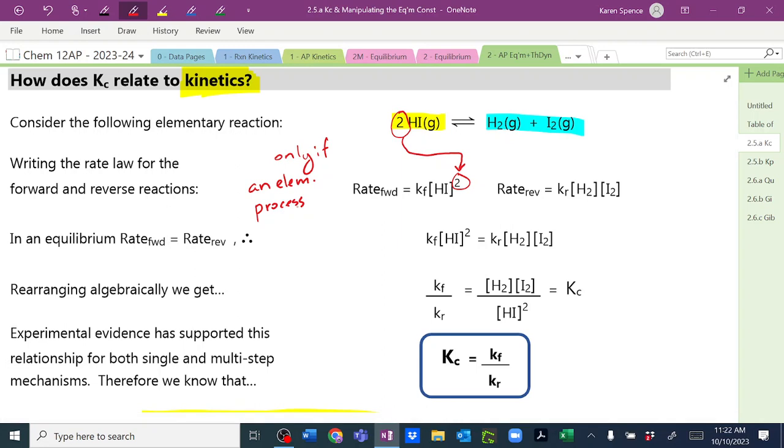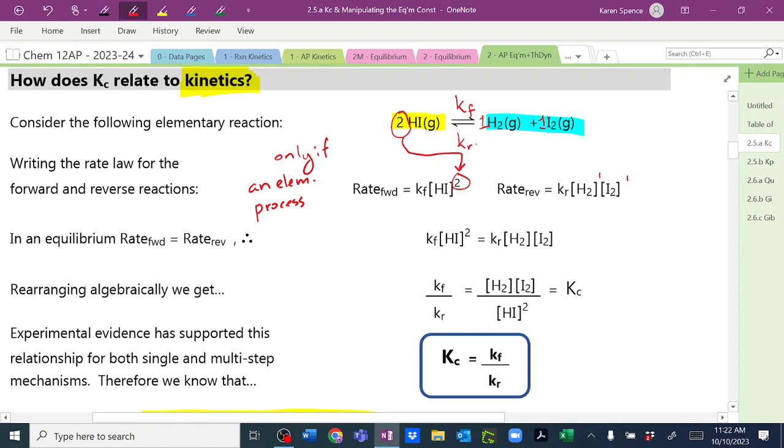How do you find the coefficients otherwise, if it's not an elementary process? By experiments. Okay, but here we go. We've got H2 and I2. They both have a coefficient of 1, so the exponents are 1 and 1. Yes? Now, the rate constant of the forward reaction is k forward, and we have the rate constant of the reverse reaction, k reverse.